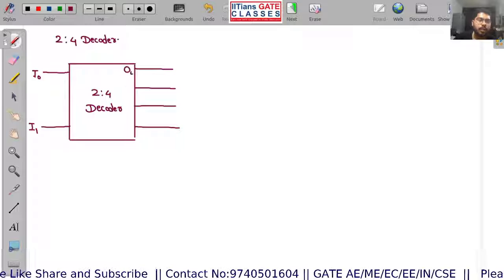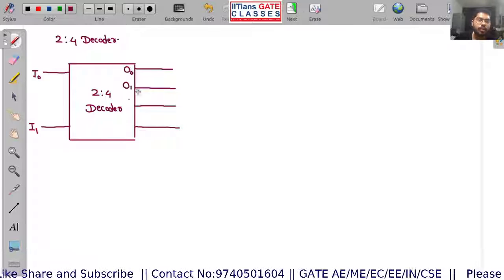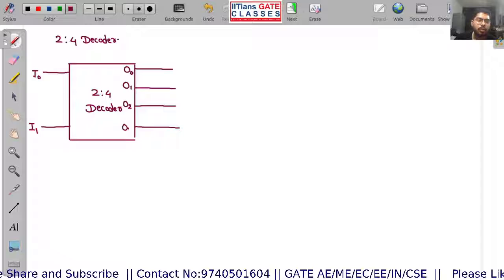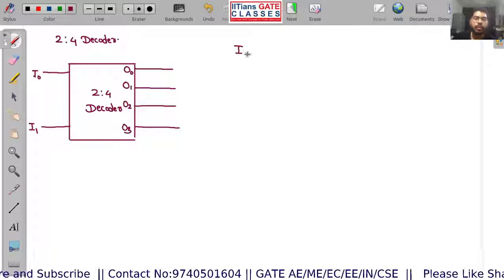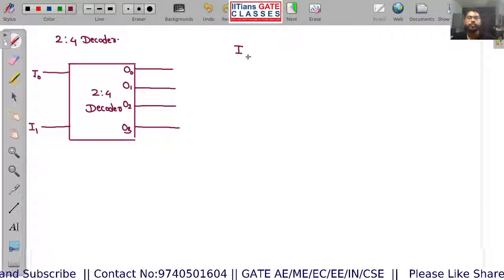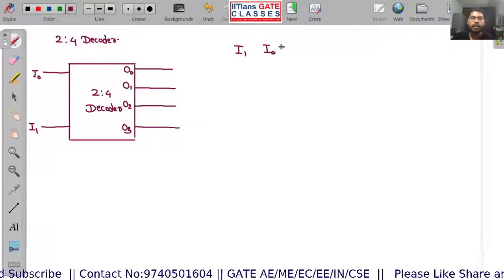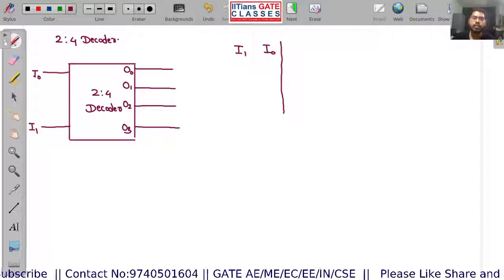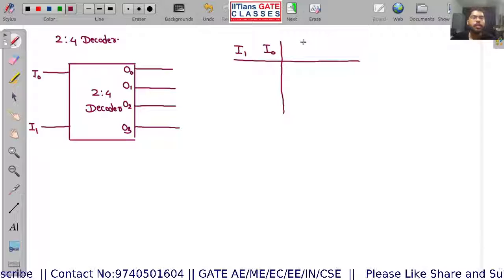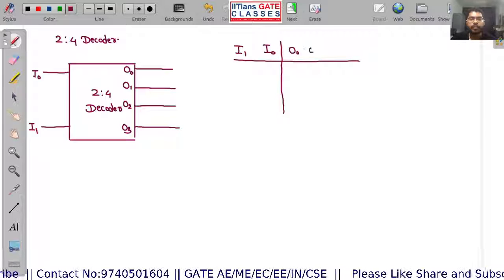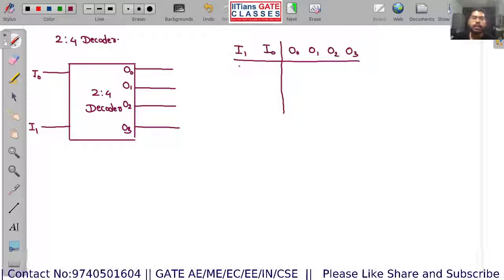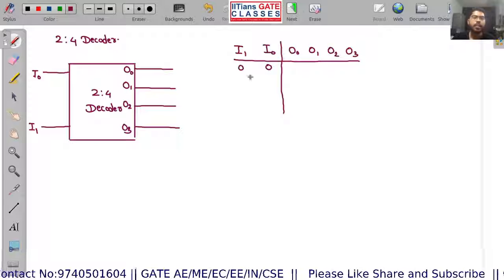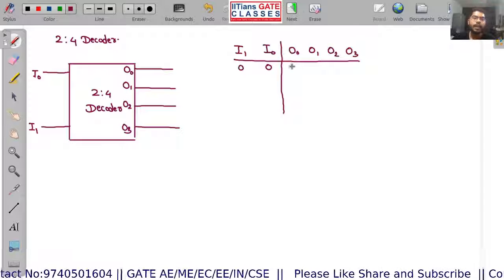So let me give the outputs as O0, O1, O2, O3. Let me also make the truth table, I1, I0. This is only for explaining. When I1 I0 has this binary combination, which line will get activated?